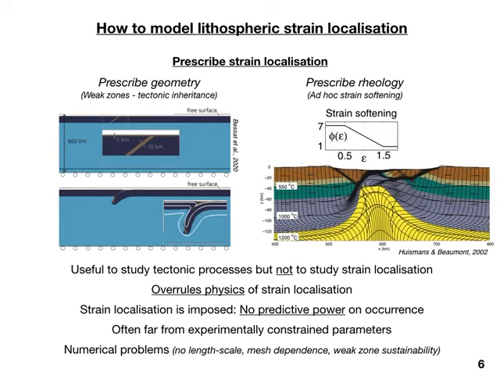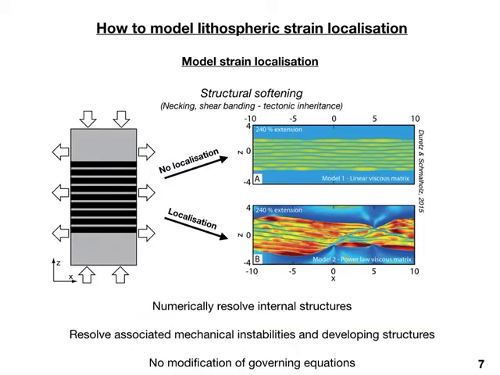And last but not least, a lot of numerical problems were reported with these approaches. Since usually no length scale is controlling the strain localization, this results in mesh dependence or in weak zone sustainability throughout subduction evolution. When we are interested in the process of strain localization, we need to actually model strain localization.